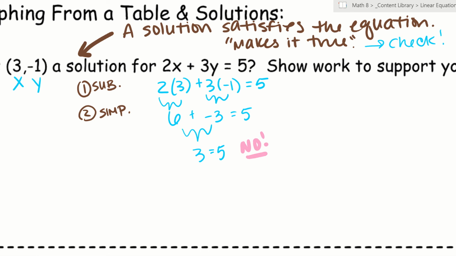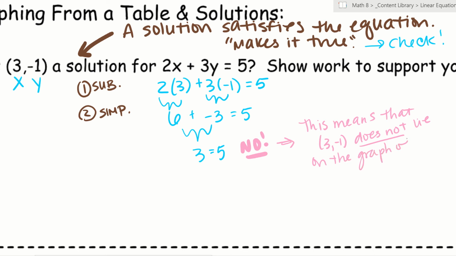And the reason being, it is not a solution, okay? The check did not work. So what does that mean? This means that (3, negative 1) does not lie on the graph of 2x plus 3y equals 5.